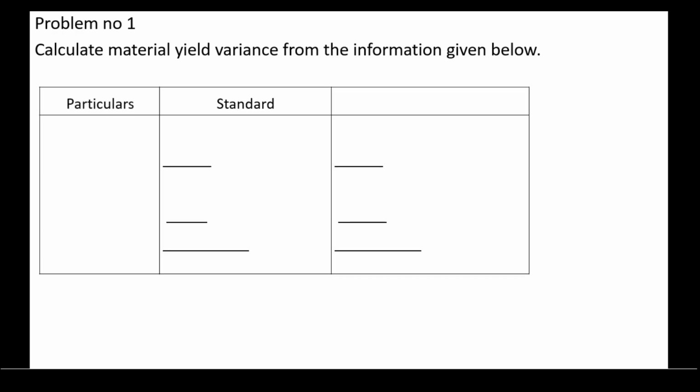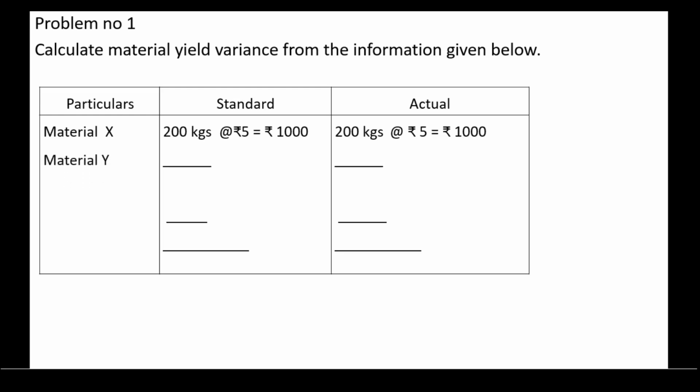Particulars, standard and actual. Material X: 2000 kgs at rupees 5, rupees 1000, actual 200 kgs at rupees 5, rupees 1000. Material Y standard: 500 kgs at rupees 3, rupees 1500.